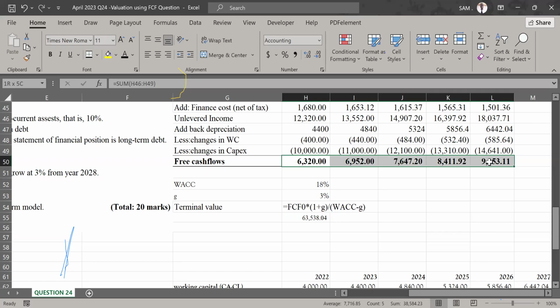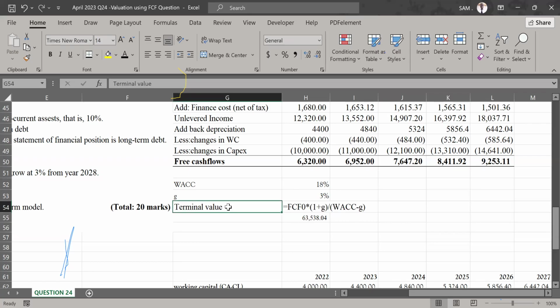You remember that, right? These are future cash flows. These are future time. So when I talk about free cash flows at year 0, I do not mean that it is the current. No, these are future values. And because it is a terminal value, the term here is terminal. We are looking at the value at the end, the terminal value. That is what we pick. Are we together? Okay. Good, good.